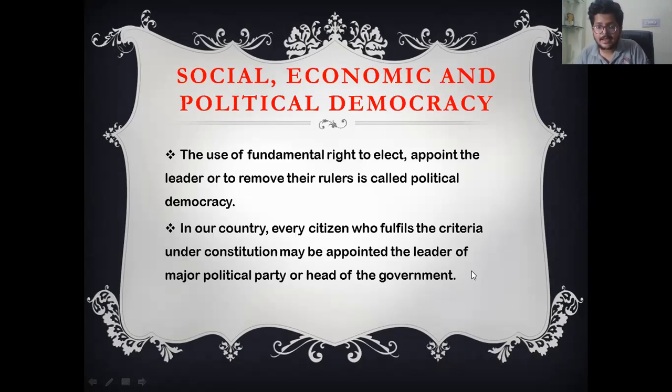Okay, so what is going on here? In our country, every citizen who fulfills the criteria under the constitution may be appointed the leader of the major political party or the head of the government. If a person fulfills the criteria mentioned in the constitution to be the prime minister of India, then everybody in our country who fulfills those criteria can be appointed as the prime minister of India or the head of the government if he gets the major number of votes.